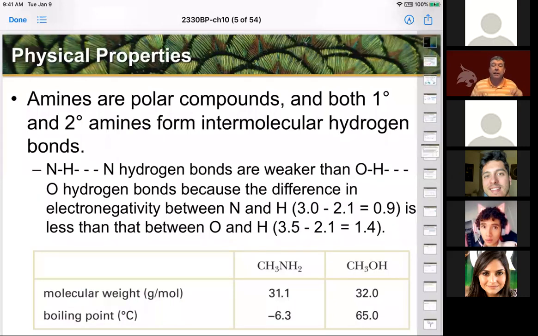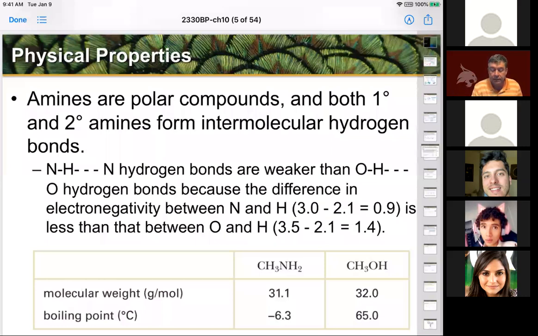It actually makes it hydrogen bond a little bit less. And if it's hydrogen bonding less, that means it changes the properties less. Okay, again, this is only the primary and secondary amines. If you get to a tertiary amine, there's no hydrogen bond.